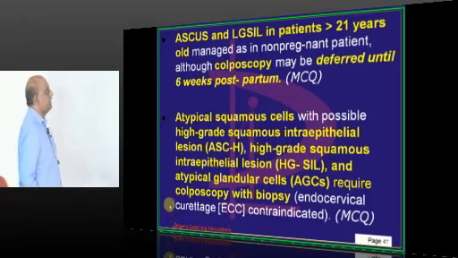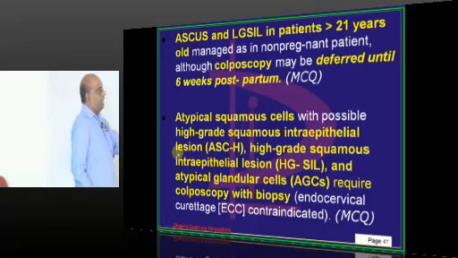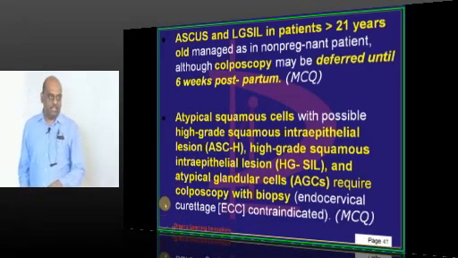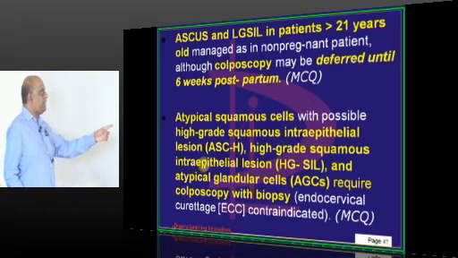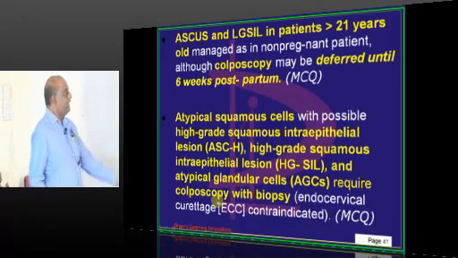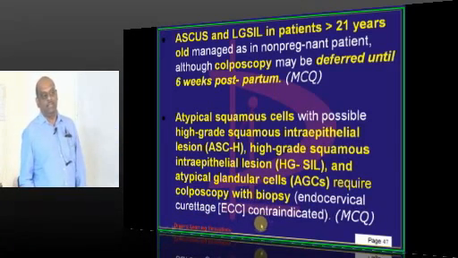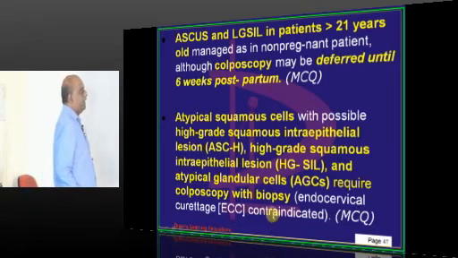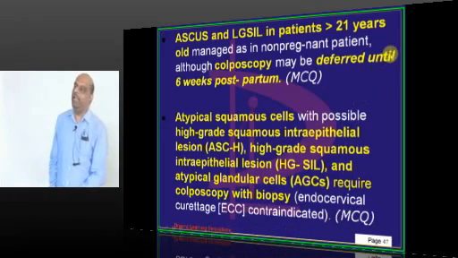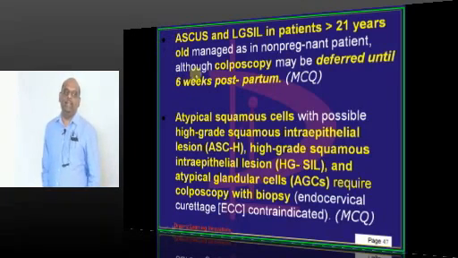That's the only difference. Then if it is atypical squamous cells but of a high grade squamous intraepithelial lesion, then they require colposcopy with biopsy. But what is the only difference between a non-pregnant and a pregnant woman?